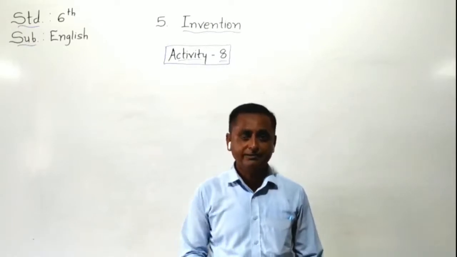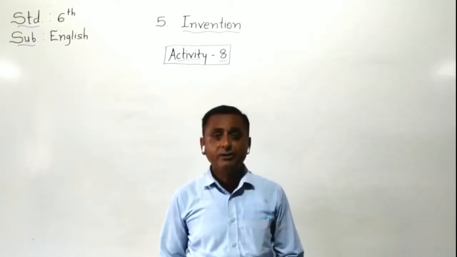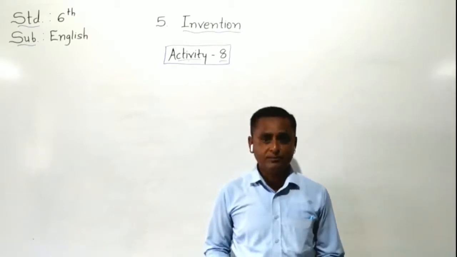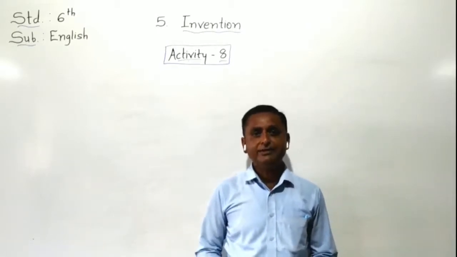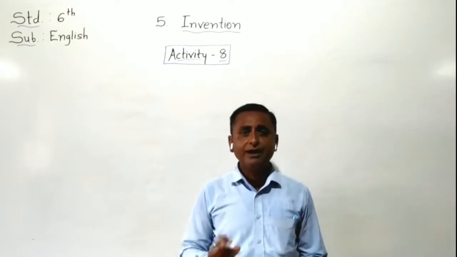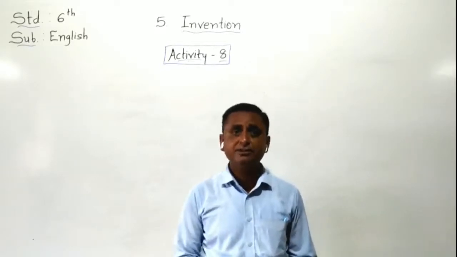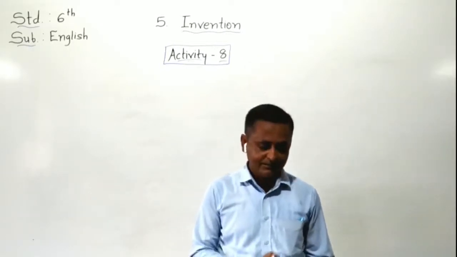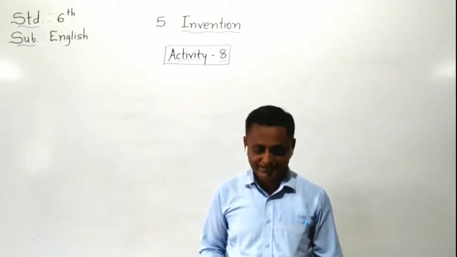Okay, now activity number 8. Open your textbook, page number 44. We have to see activity number 8. First of all, I read from the text. Just keep attention here and see what I say.